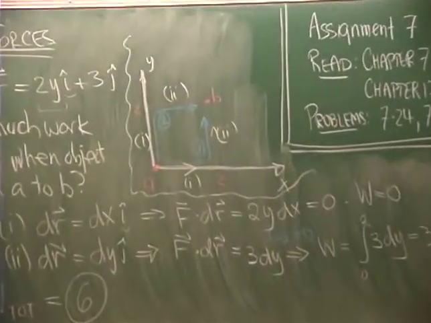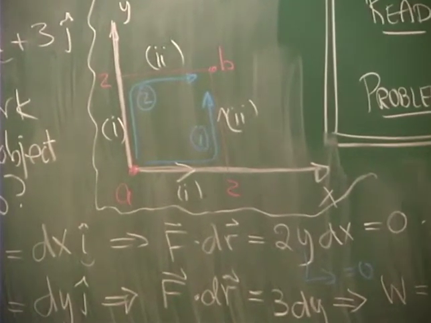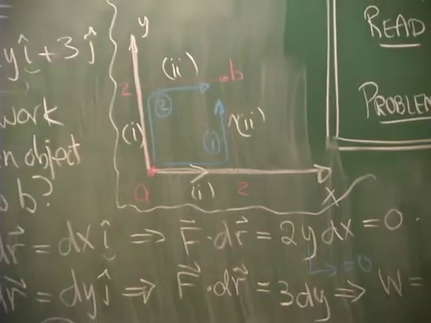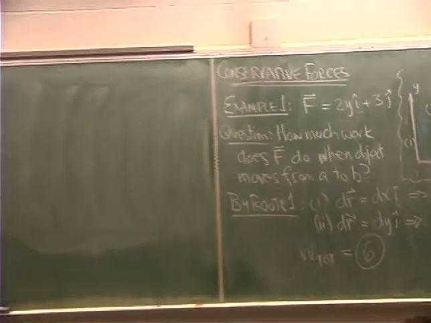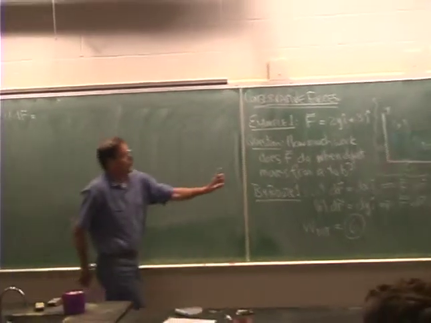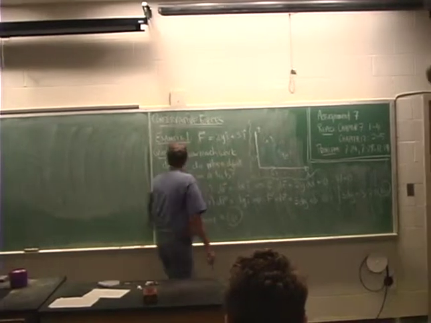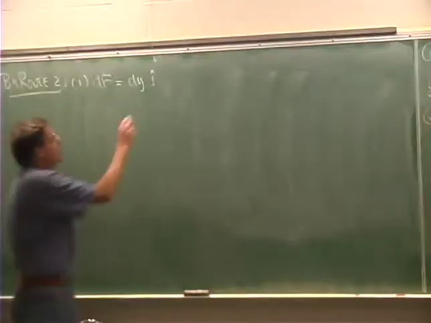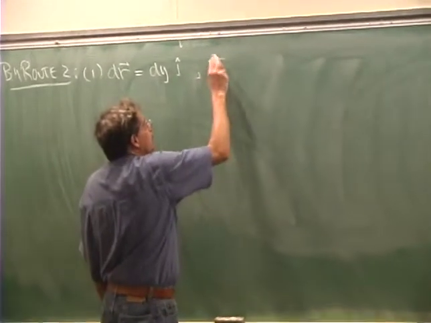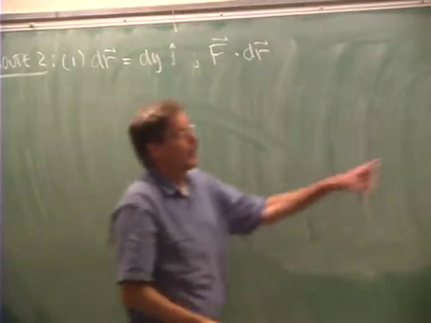On part 1, what's dr? You tell me. Follow what I'm doing? It's going straight up here, purely in the y direction, only y is changing. This would be dy, and it points in the j hat direction, in the y direction. So if I calculated F dot dr along that leg, what would I get?